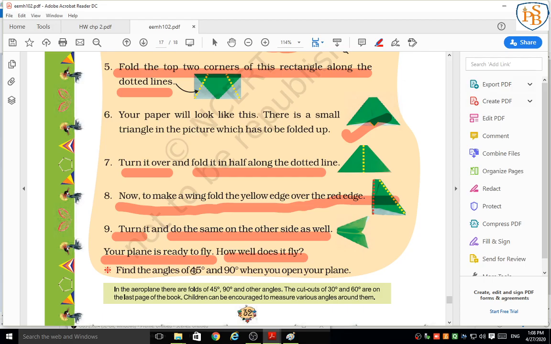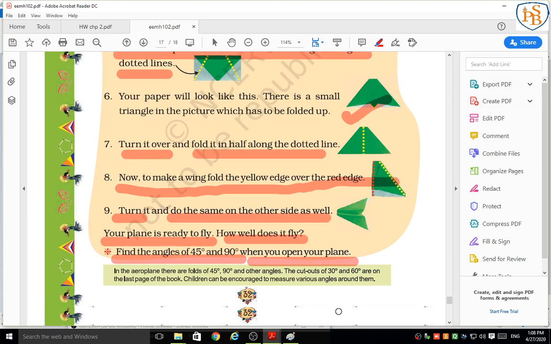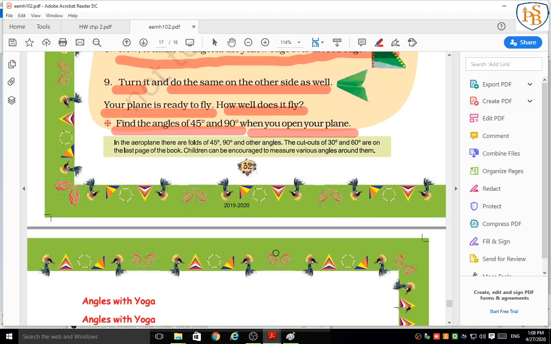Here also we have to use our angles. Find the angles of 45 degrees and 90 degrees when you open your plane.